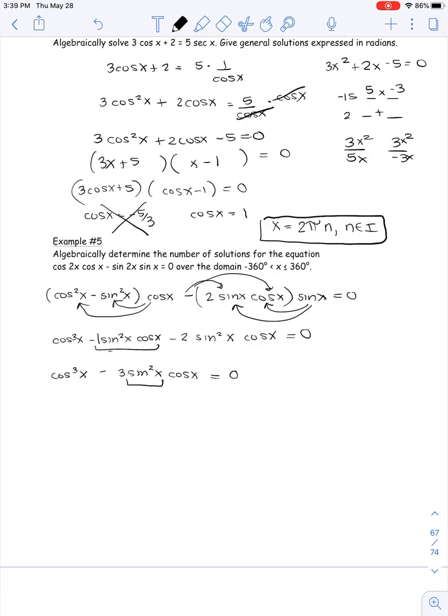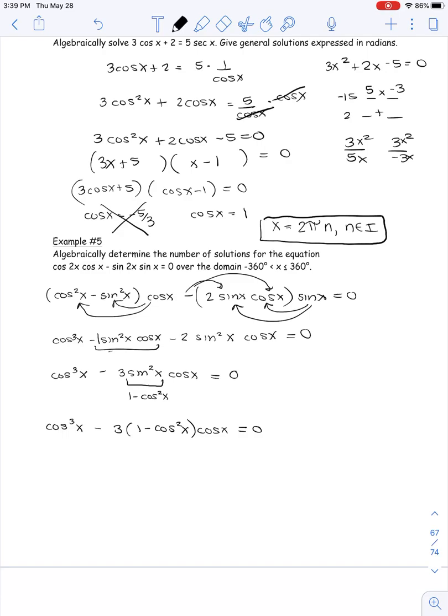And then this is where I'll replace sine squared x with 1 minus cos squared x. So it'll be cos cubed x minus 3, 1 minus cos squared x, and then cos x equaling 0.